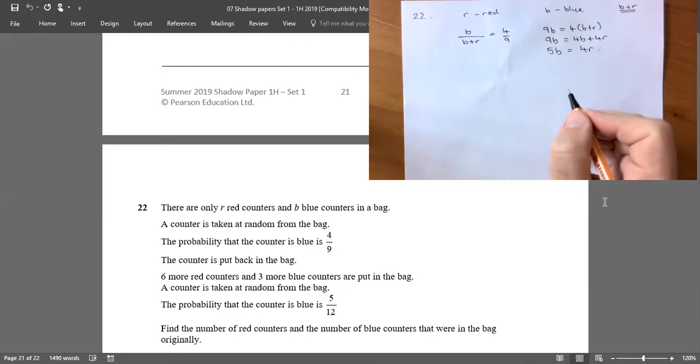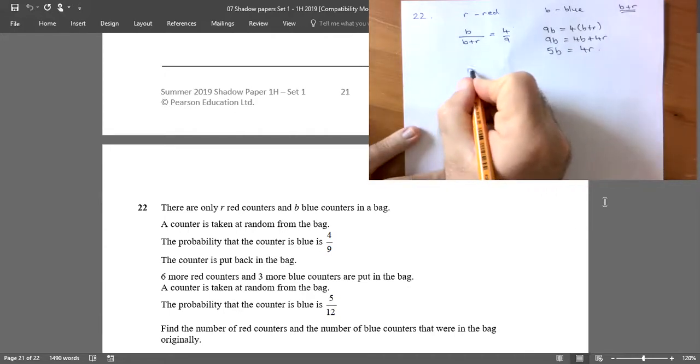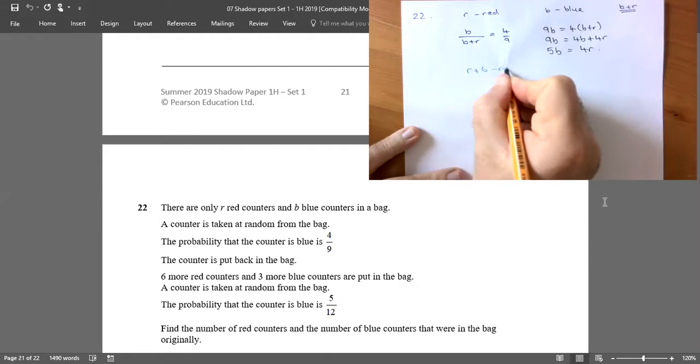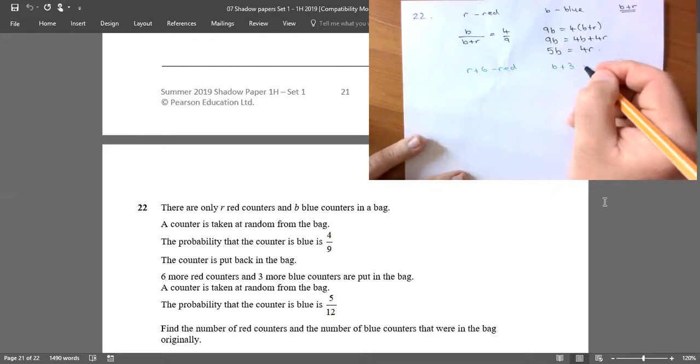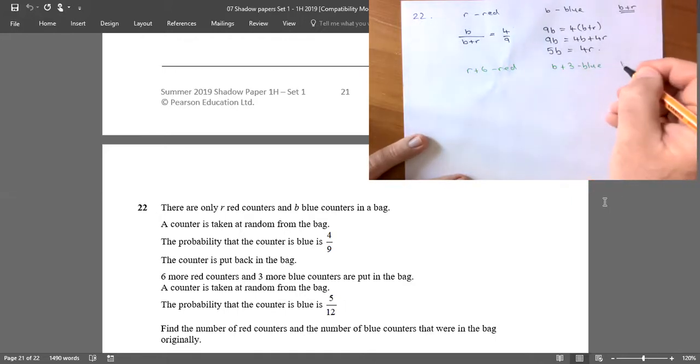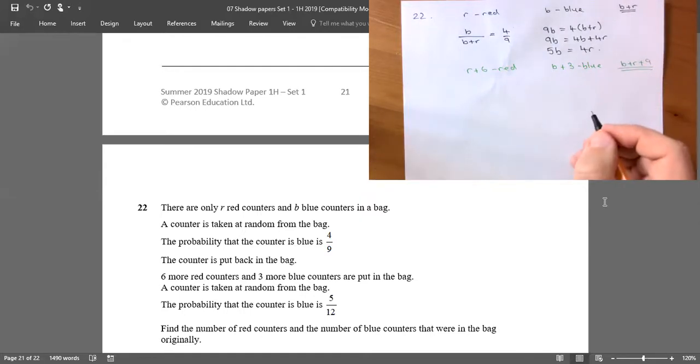A counter is taken at random. So that means that there are now R plus 6 red counters and B plus 9 blue counters, which means there's a total of B plus R plus 15 counters in the bag.